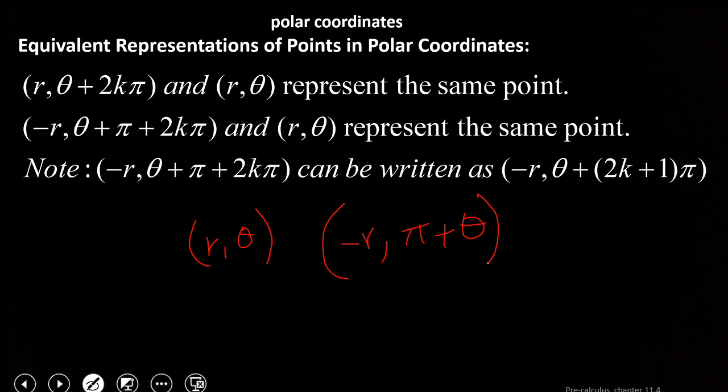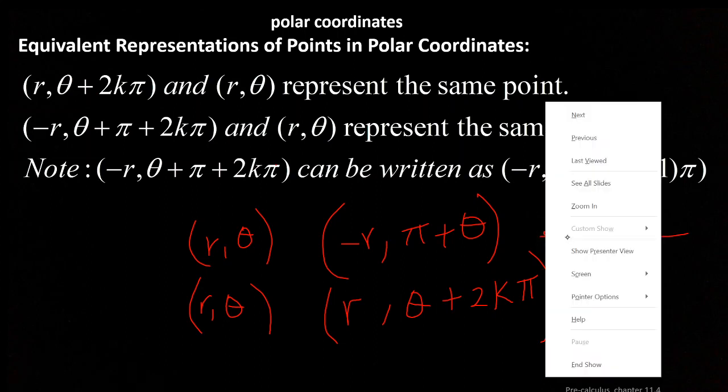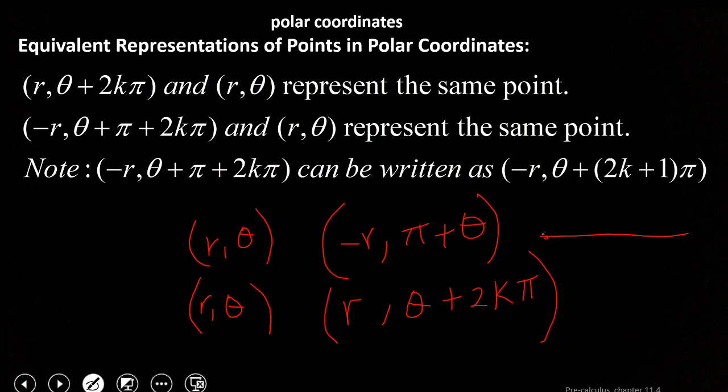Now, this is also true if I add 2k pi to theta and don't change r. All I have to do is add what? 2k pi, right? Because if this is my pole and polar axis, and I go theta and then r is a point right there, well, if I go around and then come to theta and use the same r, I get the same point.